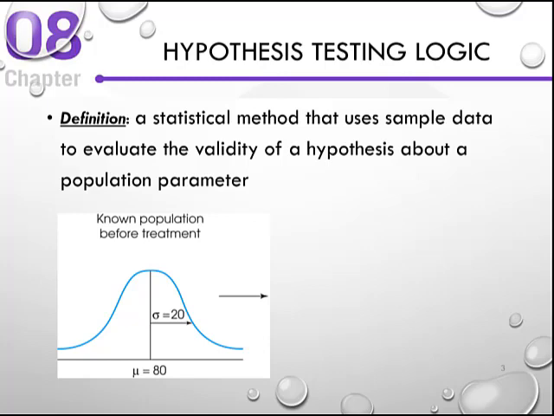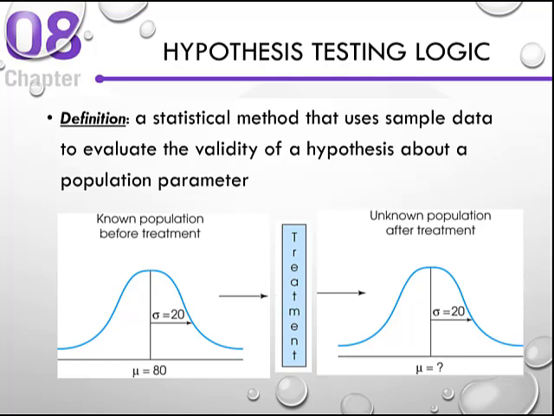Then we do something to them, right? A treatment. So in this case, we want to try to cure the headaches. We give them a pill. And then individuals in a sample are measured to see if they still have a headache, let's say an hour later, right? If the sample mean is noticeably different from the original population mean, then we have evidence that the treatment had an effect. In this case, this pill actually helps to cure headaches.